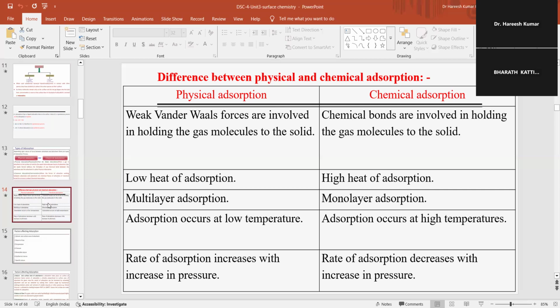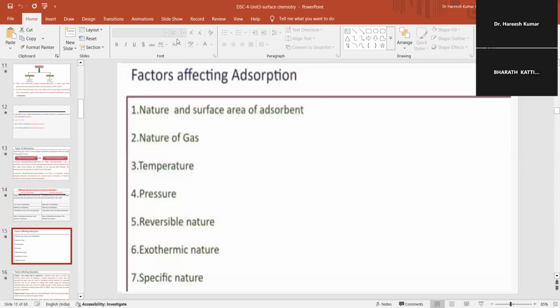Okay, so now I will take the factors affecting adsorption. Nature and surface area of the adsorbent. That means nature of the adsorbent. The adsorbent may be a solid or liquid or gas. Usually, adsorption depends on the surface area. For example, among solids, charcoal will have a larger surface area.